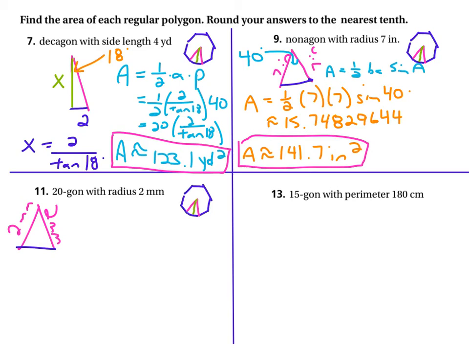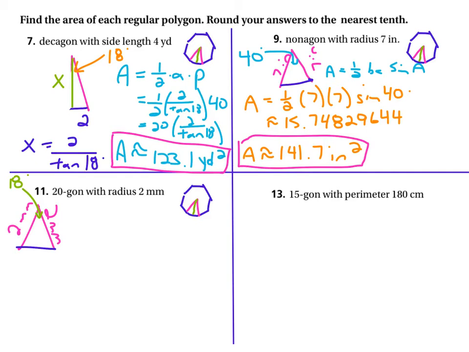And when you divide 360 by 20, which is how many sides that polygon has, we get 18. Okay, so this angle right here is 18 degrees.